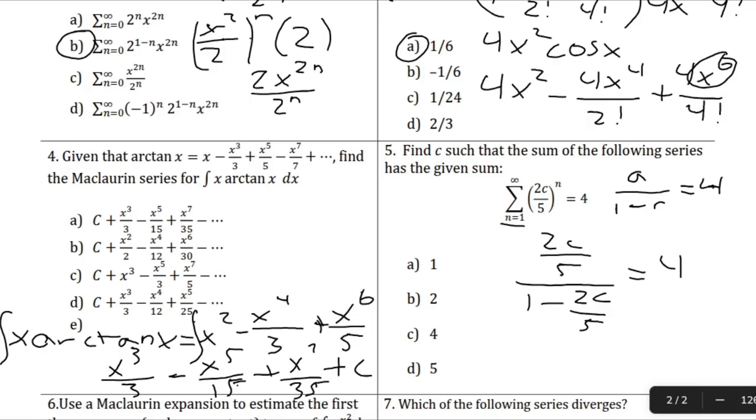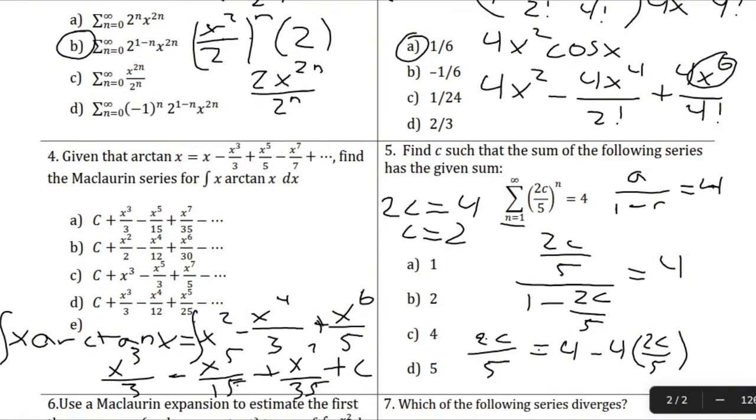And we're going to say 2c over 5 is equal to 4 minus 4 over 2c over 5. And then when we simplify everything, it's just going to be 2c is equal to 4, and then c is equal to 2. I did the algebra pretty quick here, but I think you guys are smart enough to get that.